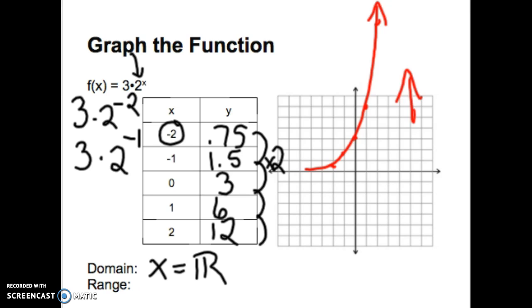It's going to be greater than or equal to something. But if we think about it, the y values are getting smaller and smaller as you continue going that direction. But it's actually never going to get any less than 0. And in fact, it can't ever equal 0. Leading us to say that our range is y is greater than 0.